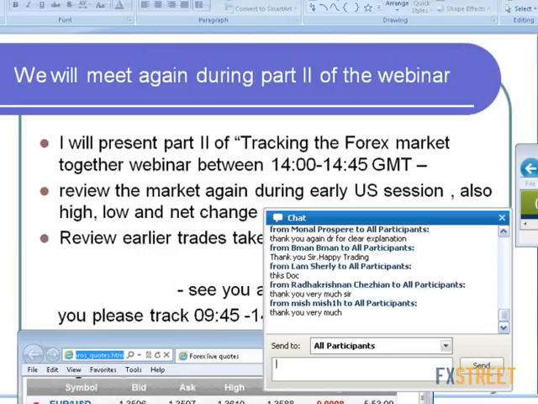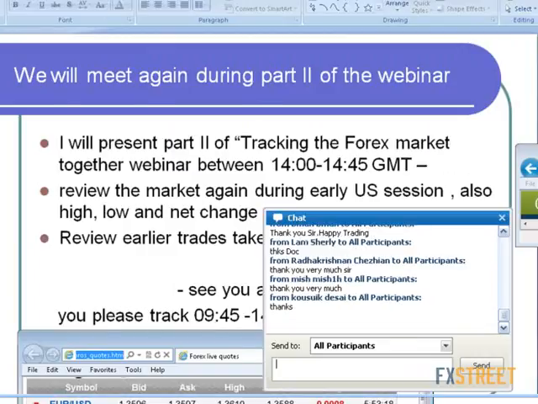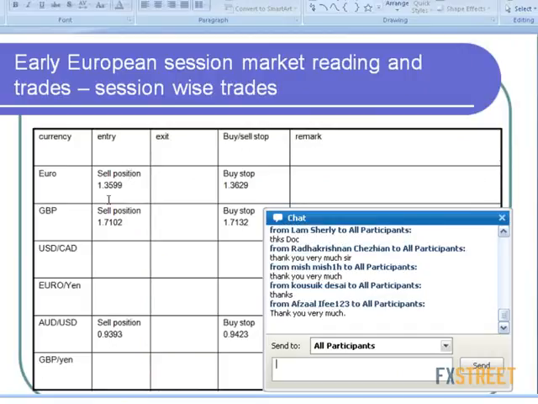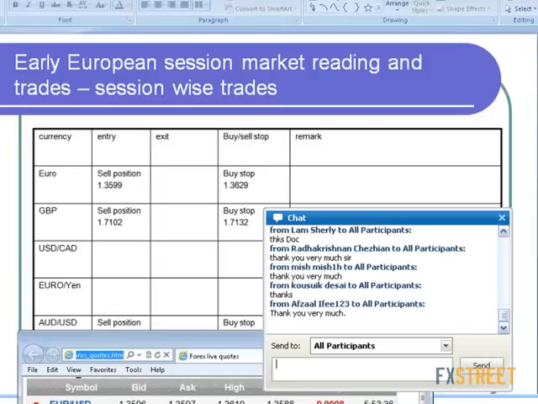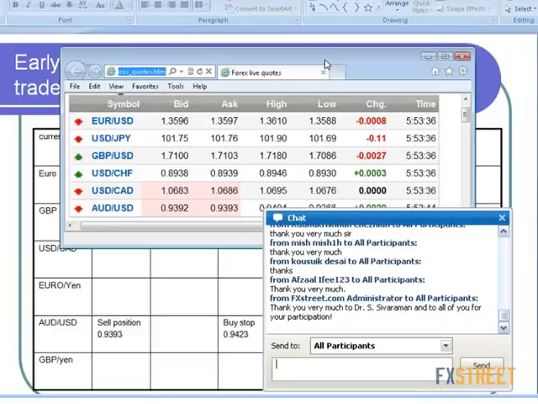So I'll come back by 14 GMT and show you the results of the trades I had done. These are all the 3 positions I have taken. I will also refer to the initial highs and lows, and to the current highs and lows that you see during the European session.